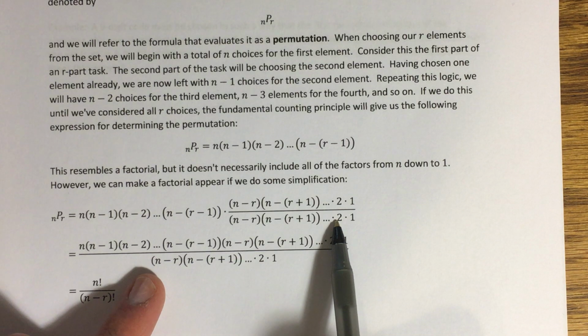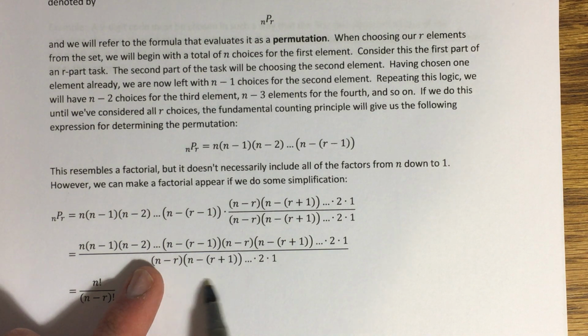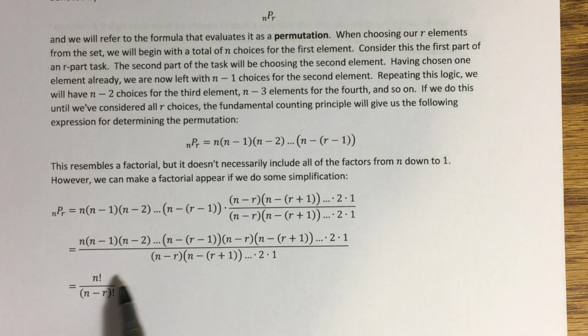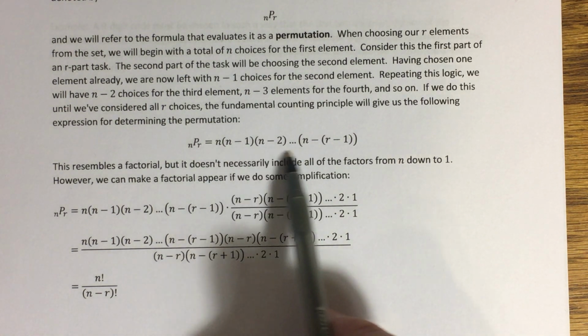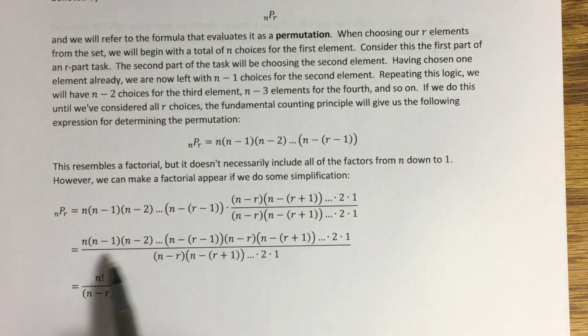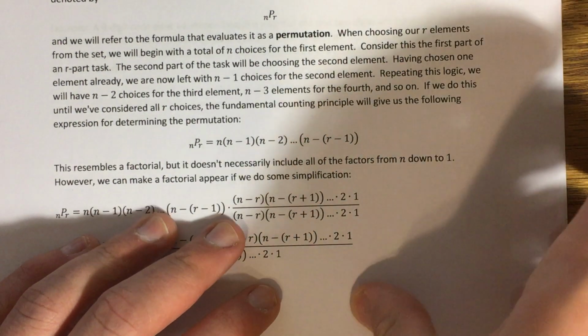Well, that came from here, and we started in this case at n minus r, multiplied by all of the numbers from n minus r down to 1. That means that we're looking at n minus r factorial. And this is a simpler version of this formula. They're equal to each other, but it's easier to work with this than it is to work with this. This is our permutation formula.